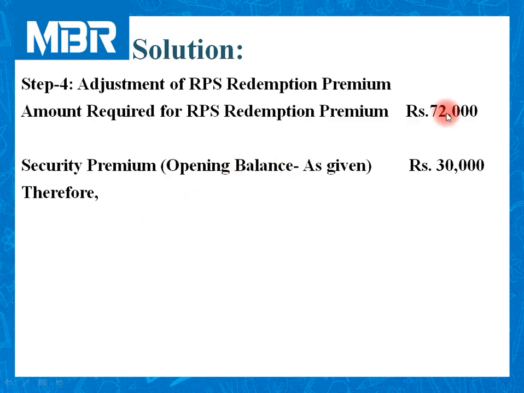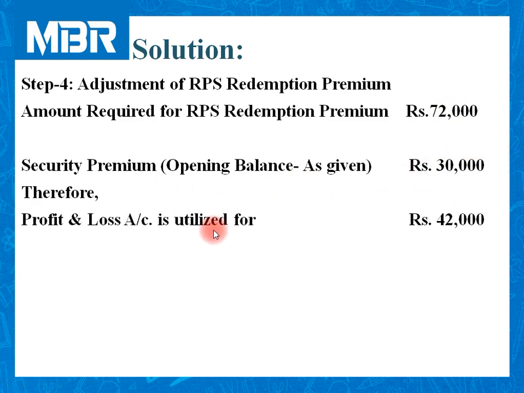It means out of 72,000, 30,000 rupees adjusted against security premium, and for the rest of 42,000 rupees there is no other option available with the company than utilization of profit and loss account. So 30,000 rupees adjusted against security premium, 42,000 rupees adjusted against profit and loss account.